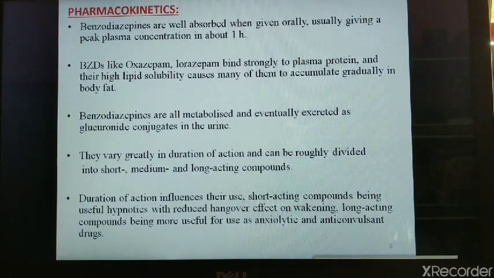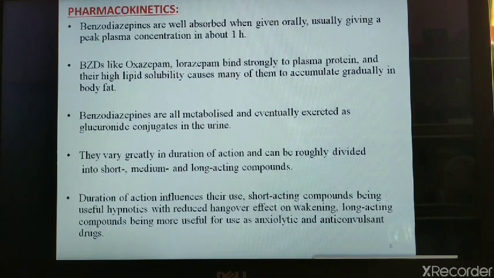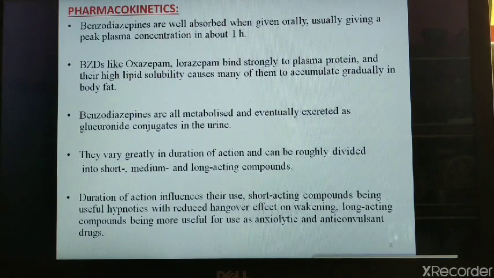Now, if we look into the pharmacokinetics of the benzodiazepine class of drugs, we see that benzodiazepines are well absorbed when given orally, and the peak plasma concentration is attained in only about 1 hour. Benzodiazepines like oxazepam and lorazepam bind strongly to plasma proteins, and their high lipid solubility causes them to accumulate in body fats.